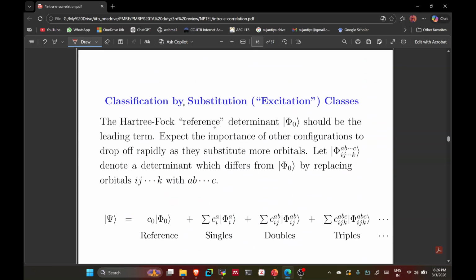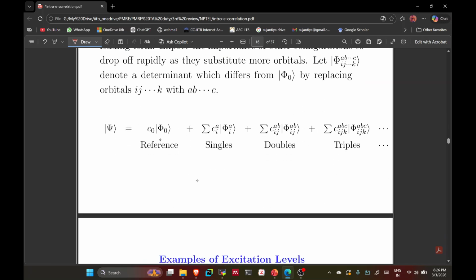So here we will be discussing the classification by substitution, right? So this is the reference, which is usually your Hartree-Fock picture, and this is your full wave function, and these are the singles, doubles, triples. This is the Slater determinant, which says that you are exciting an electron from the ith orbital and placing that electron in the virtual ath orbital.